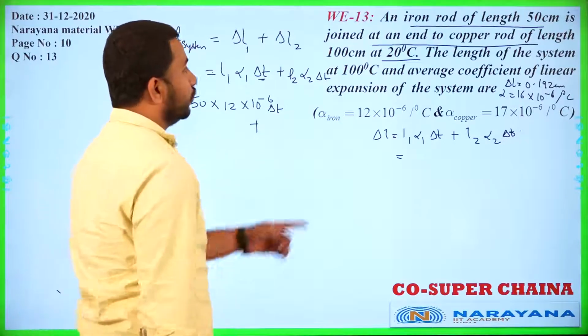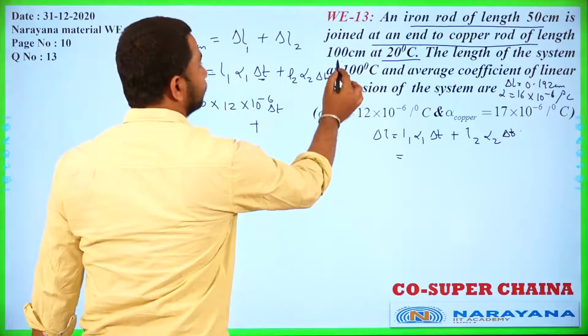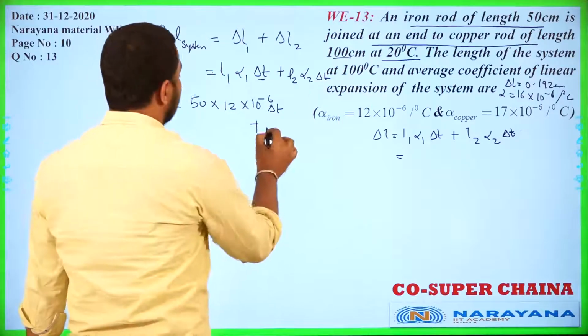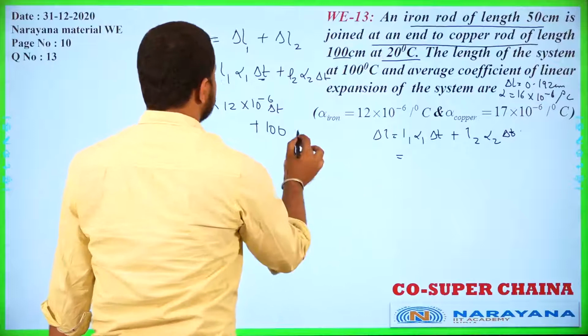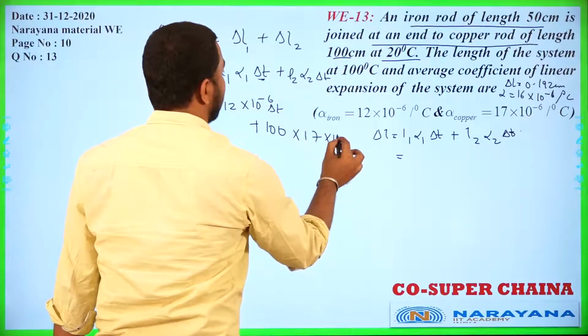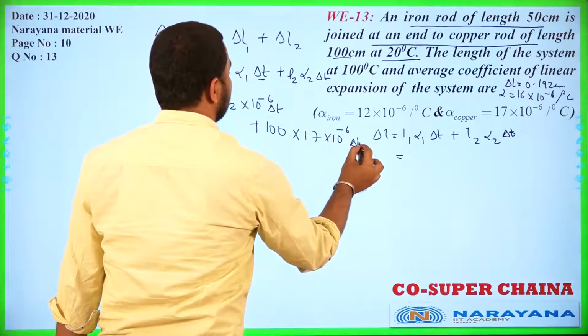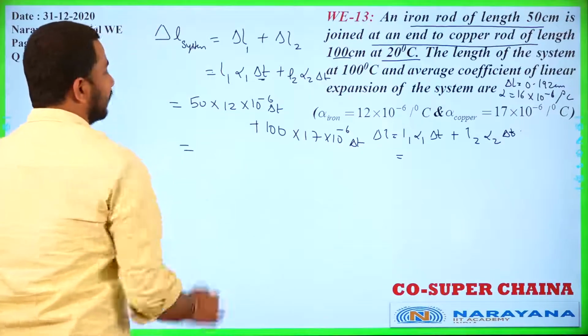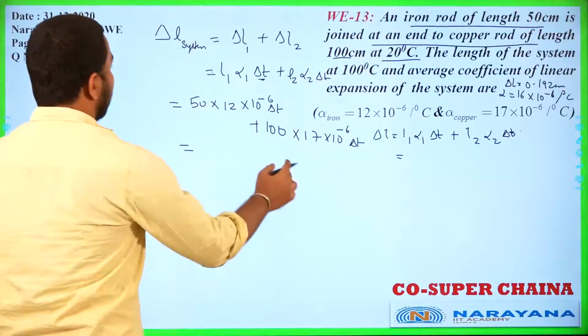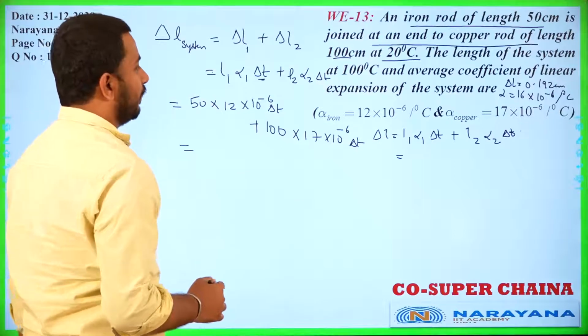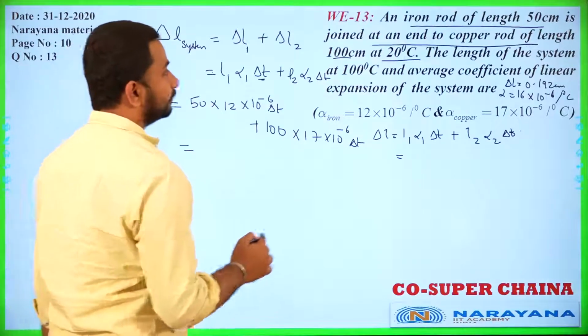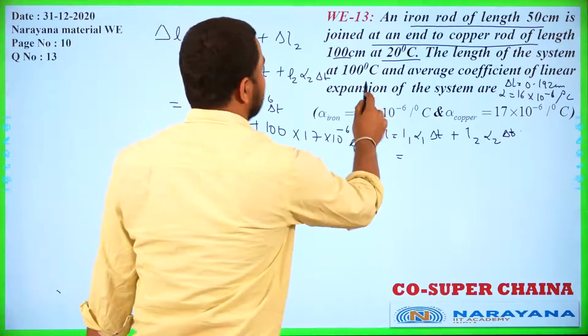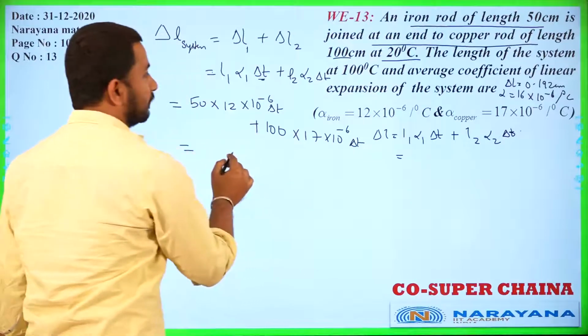Plus L2, which is 100, and the expansion is 17 into 10 to the power minus 6 into delta T. Okay, we have to find the total expansion of this system.